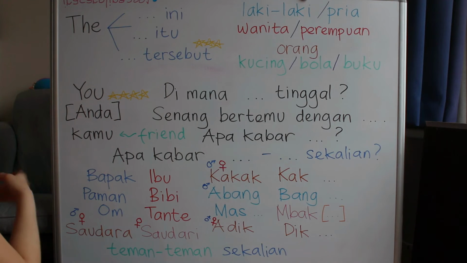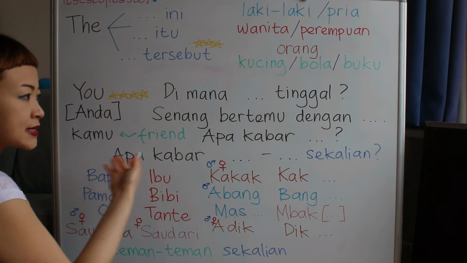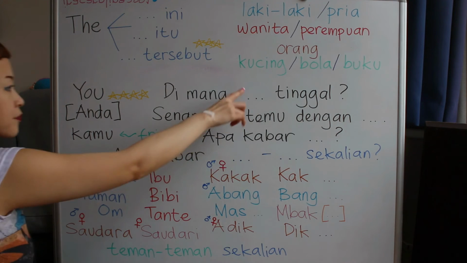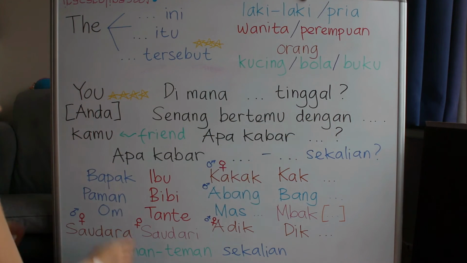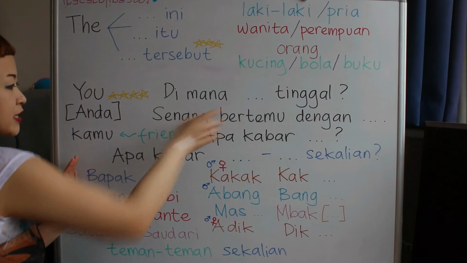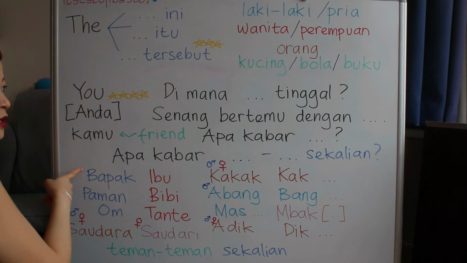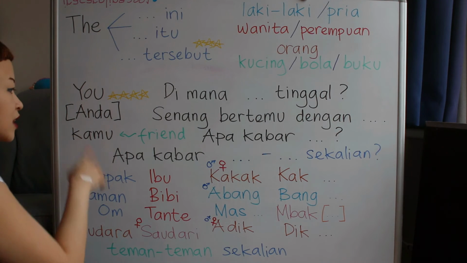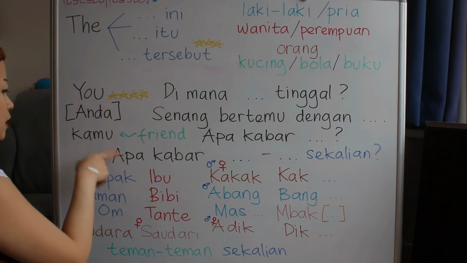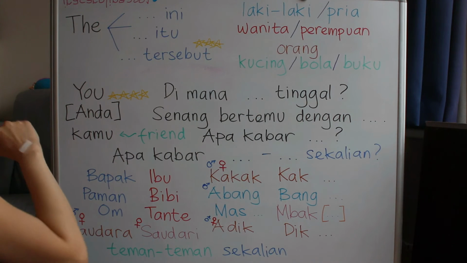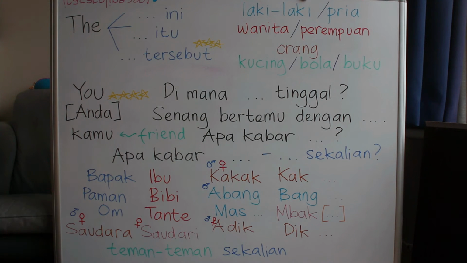In this case, sir, Mr., Mrs., Madam, Ma'am. So when you have to say you, you put this as you. Because if you call the person kamu, it's not polite. If you call the person kamu instead of ibu or bapak, it's not polite.